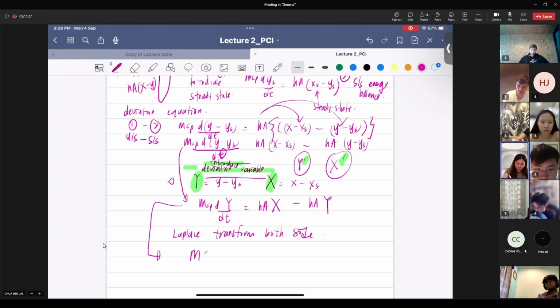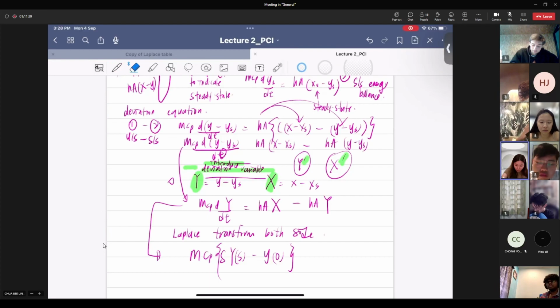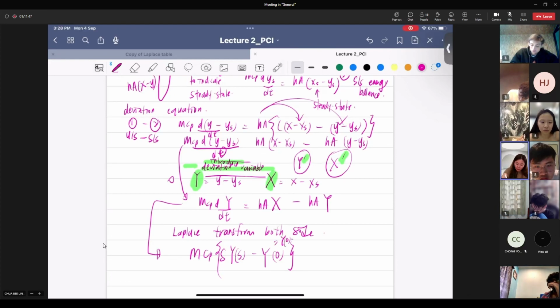So you'll be having MCV times SYS minus Y0. And you are using unsteady state minus steady state, to be exact, following the derivation. So this one should be Y0, and Y0 means Y at time equals to 0 minus Y during steady state.